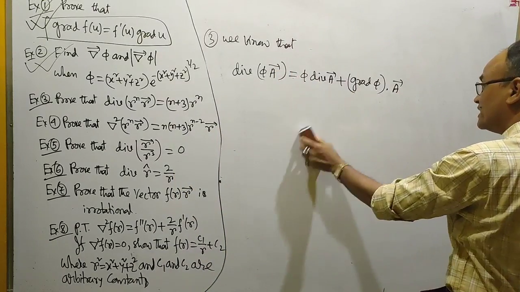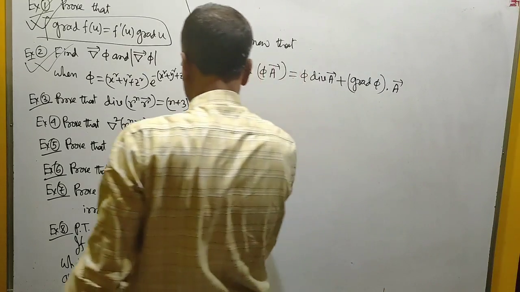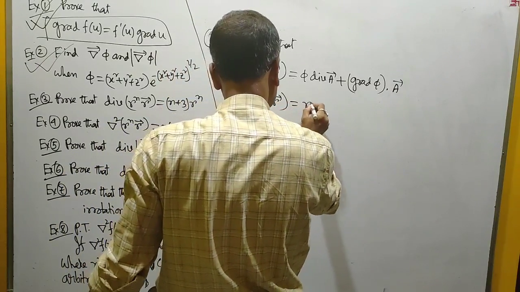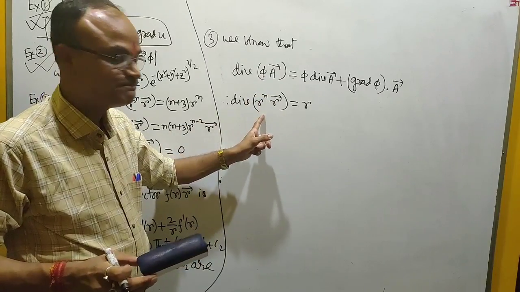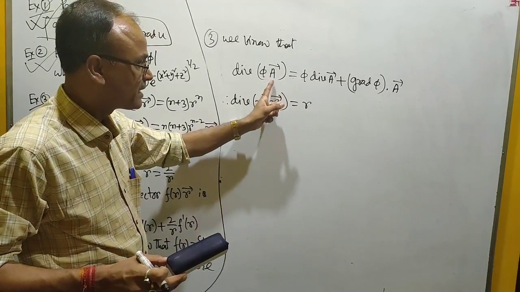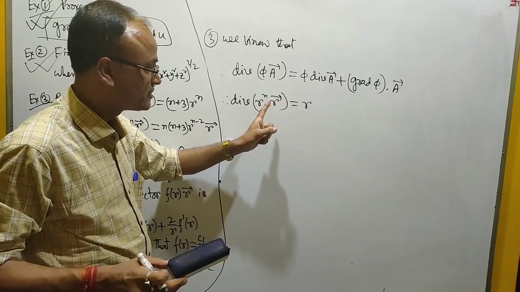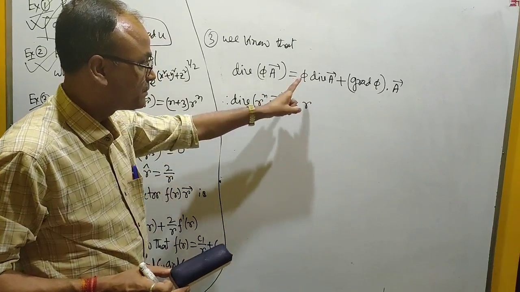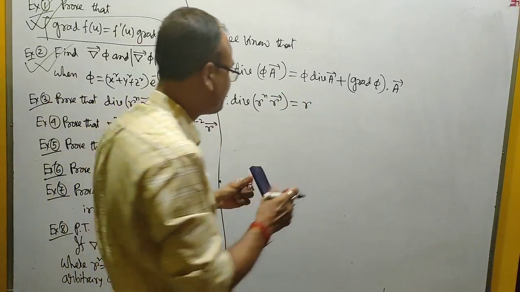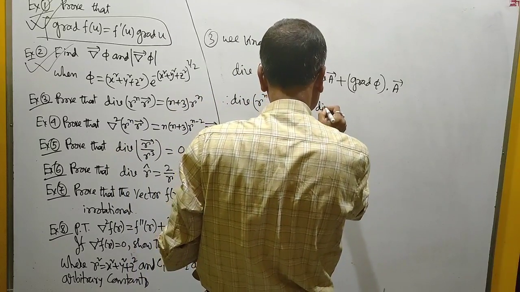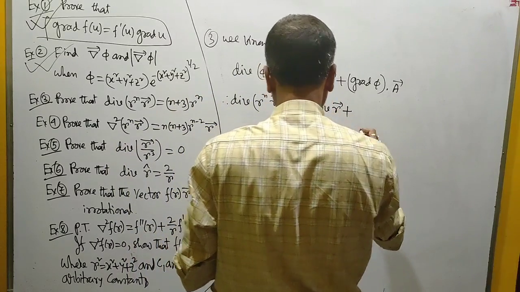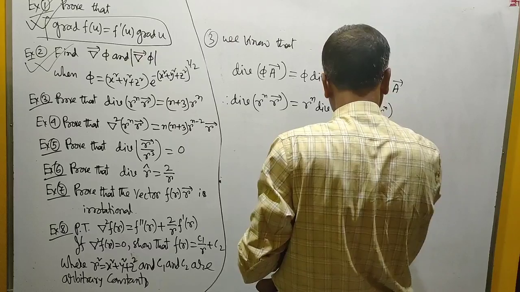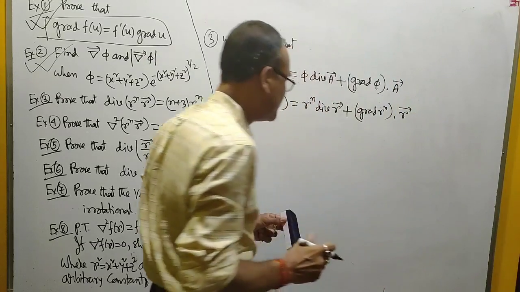Therefore, divergence of r to the power n r vector equals r to the power n divergence of r vector plus gradient of r to the power n dot r vector. Here phi is r to the power n and A vector is r vector.